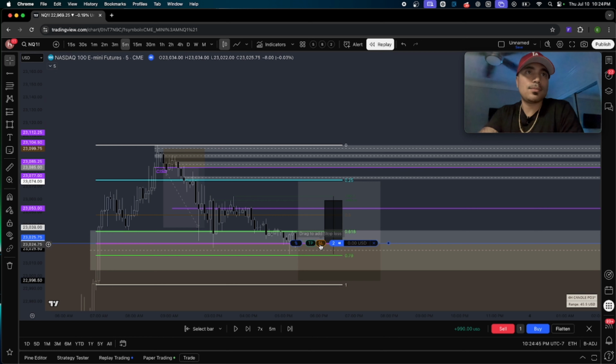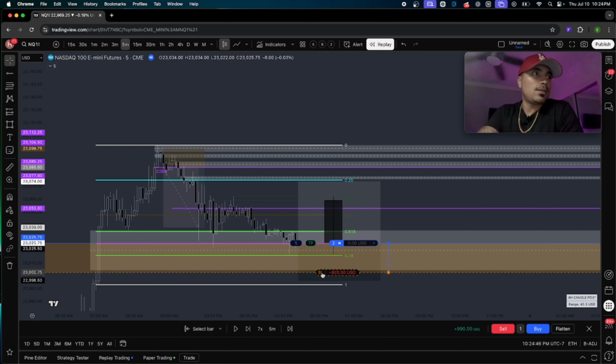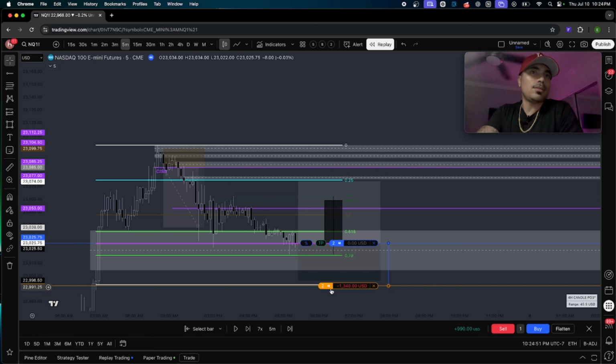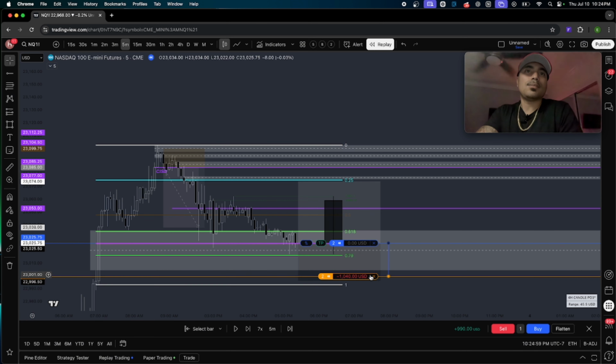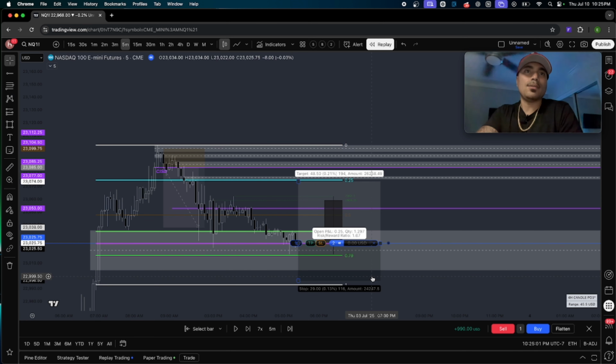Let's see what happens. Right, yeah, below this low. Whoa! I forgot I got 2 contracts up. Ideally, I wouldn't even set a stop loss here. I would keep a mental stop loss, because yeah, that's kind of crazy.